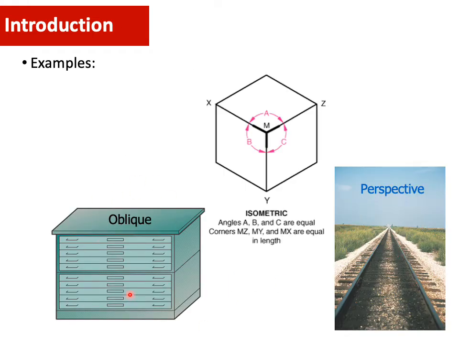There's the oblique, where you have the front view, and the isometric, where you have these three axes. There's the perspective, where you have this vanishing point. Remember in school, your teacher asked you to draw a scenery, a view. The simple thing to draw is paddy fields, or mountains.